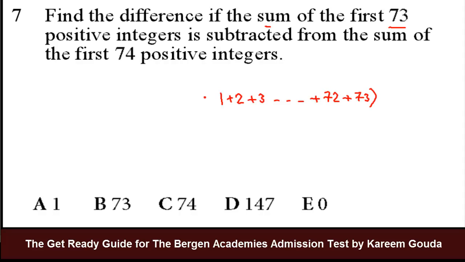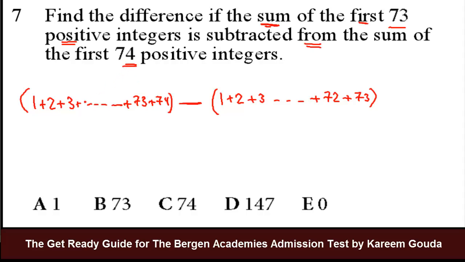If you add all these numbers, all the way till 73, you get the sum of the first 73 positive integers. Now this sum is subtracted from the sum of the first 74 positive integers. So 1 plus 2 plus 3, and so on, all the way till plus 73 plus 74, because this time it says 74 positive integers.